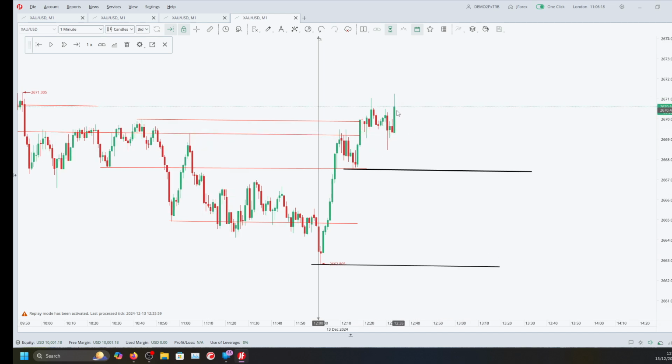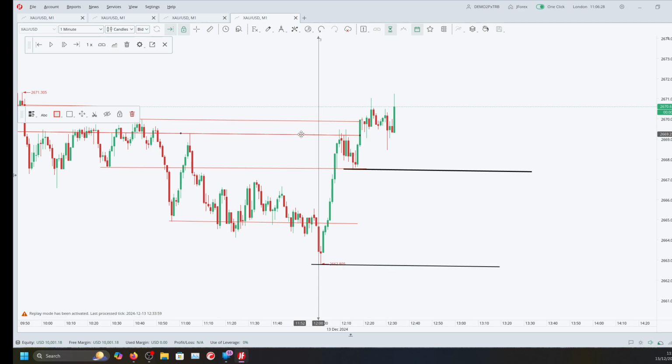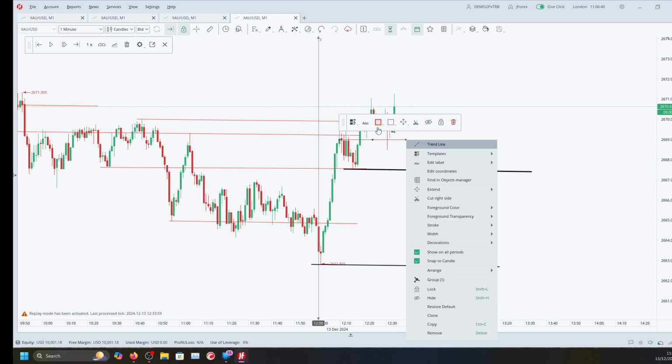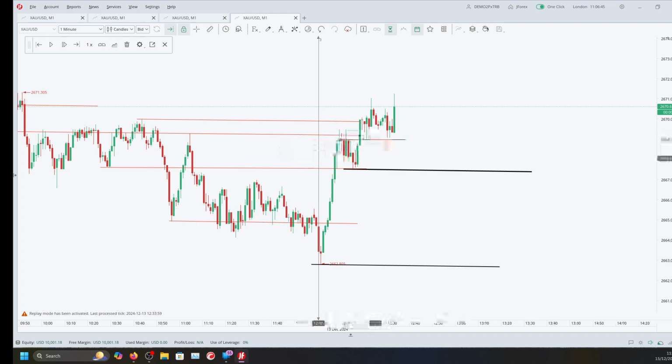But you know, that could give you a reason to get into a long trade now, because now price has come back and we're seeing rejection out of here, so we could be taking a long off of that candle.